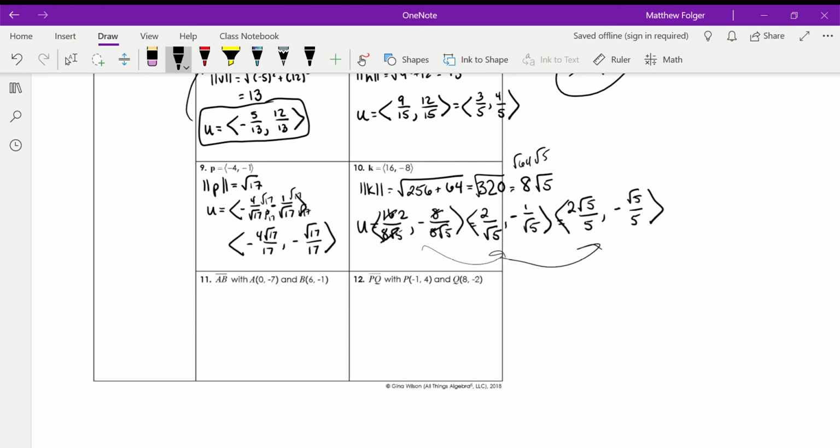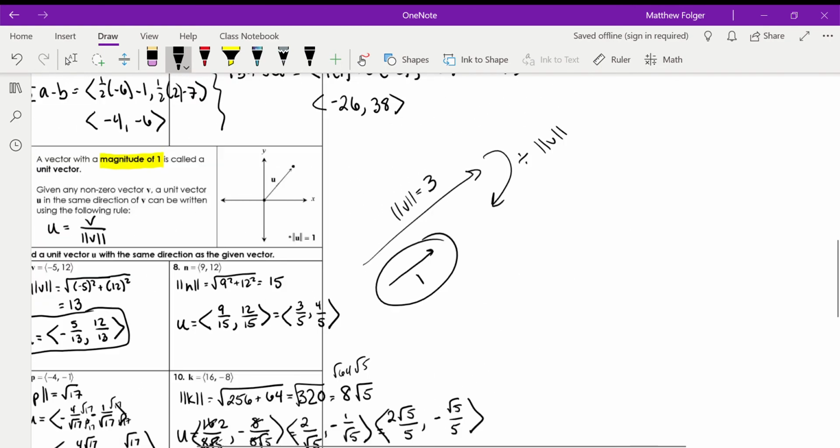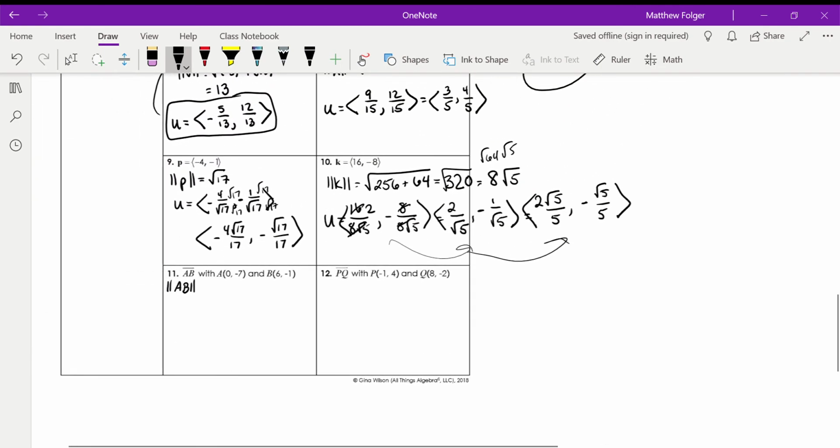So think about AB. I want to know the magnitude of AB. Well, let's think about what the component form for AB is going to be. 0, negative 7, and 6, negative 1. Well, you subtract A2 minus A1, which is 6 minus 0, which is 6.